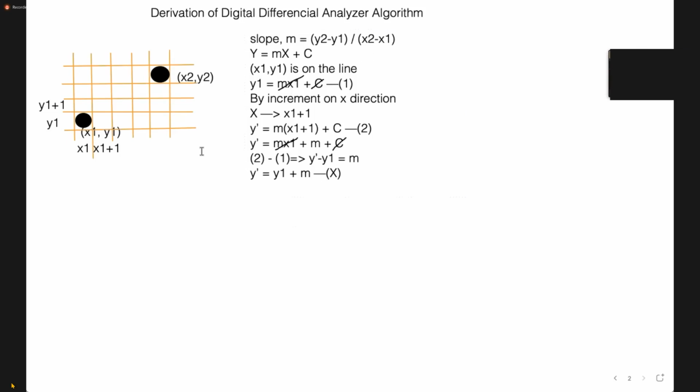Let me write the algorithm step by step. Take inputs of two endpoints.